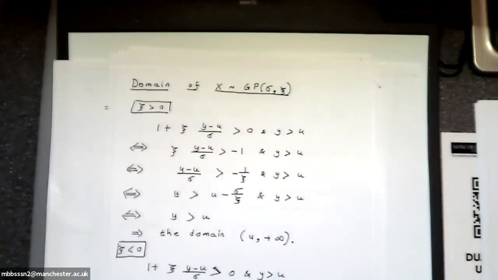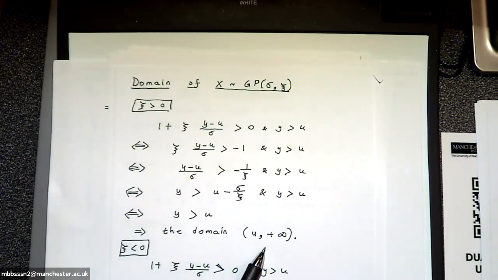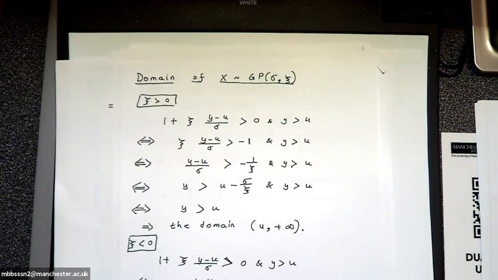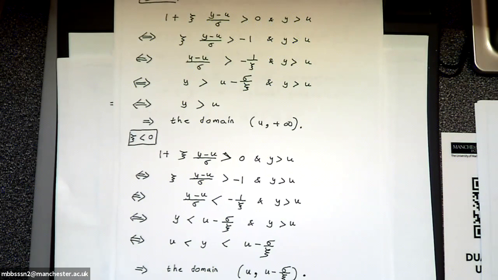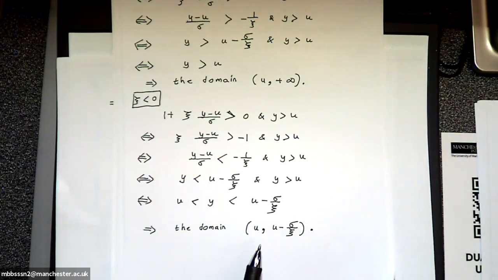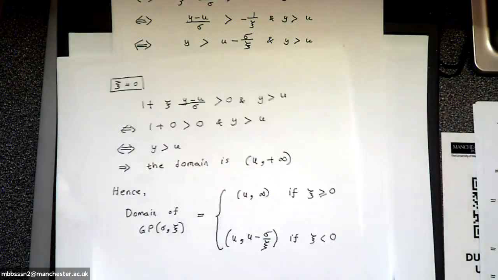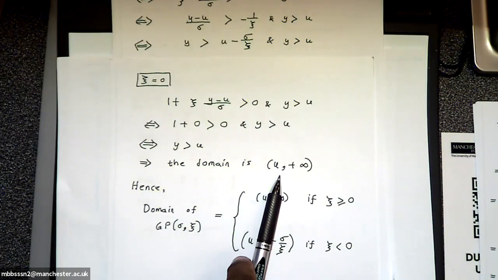The domain again depends on the value of the shape parameter. If it is positive, then the domain is this. If it is negative, the domain is this. And if psi is 0, then the domain is this.